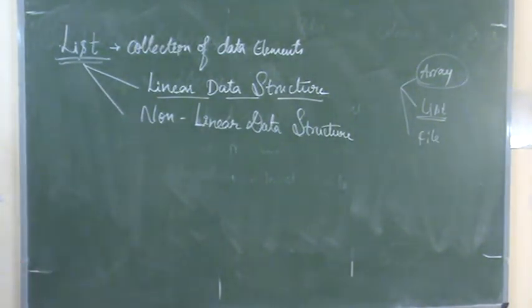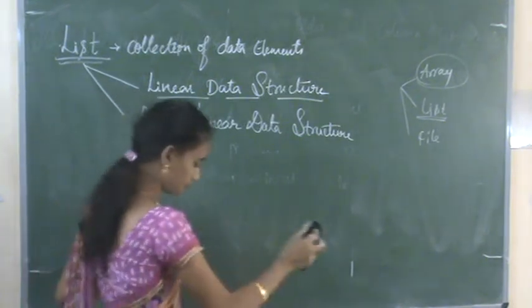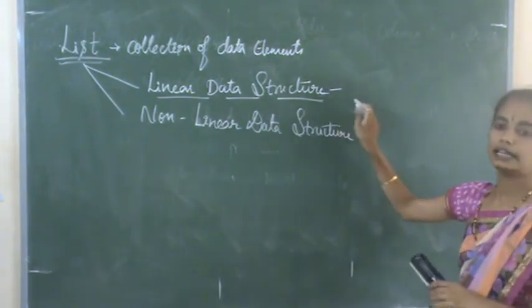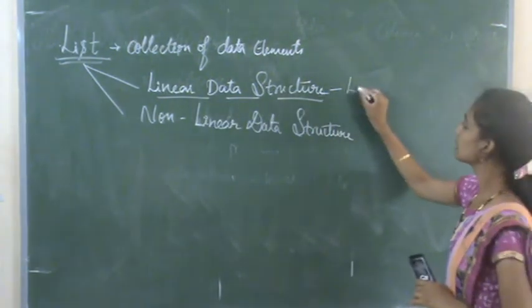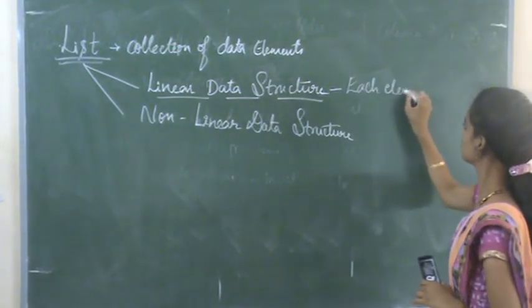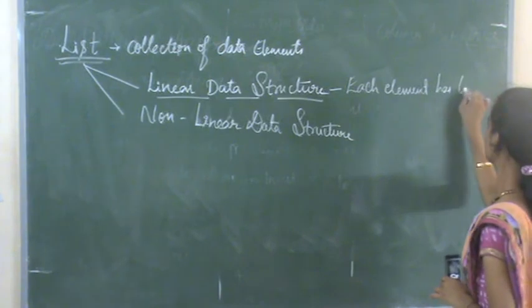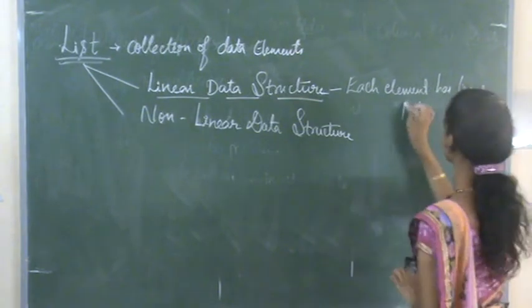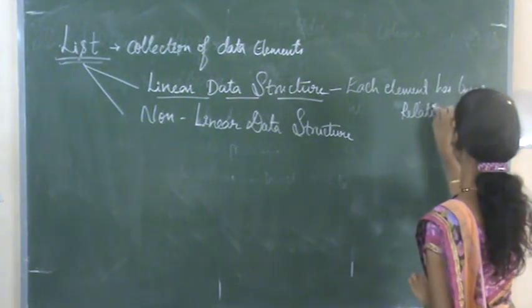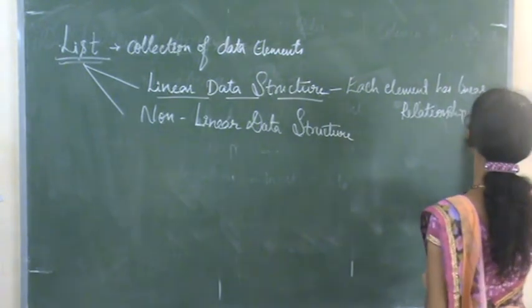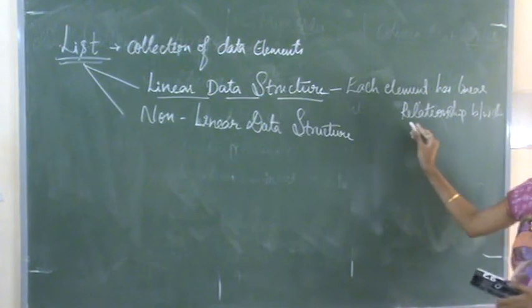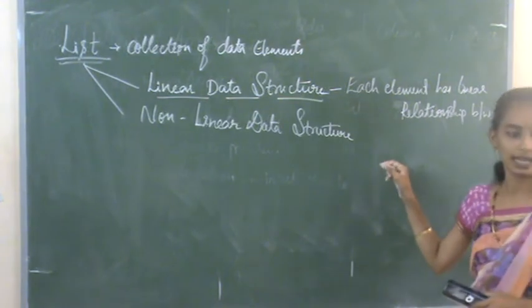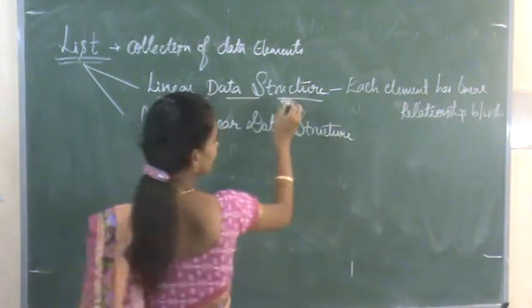What does linear relationship mean? It means each element will have a relationship with another element. Okay, so this is linear data structure.